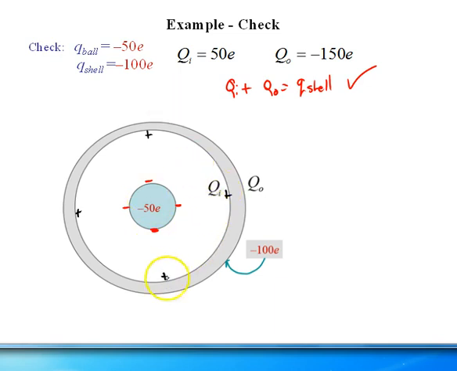So what's our electric field going to do? It's going to be perpendicular, from positive to negative, and it's got to be perpendicular to each of these surfaces, right?